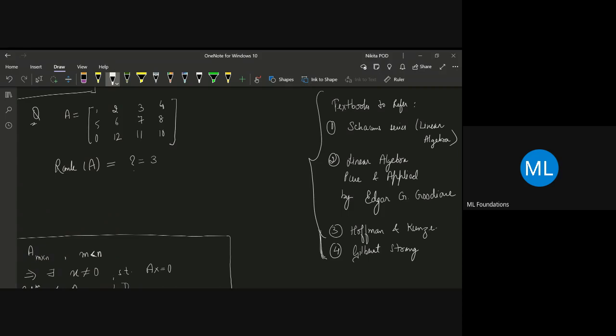The question is, if I try to solve Ax equal b for this matrix, does Ax equal b have a unique solution or infinitely many solutions?